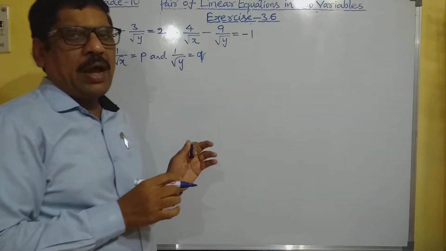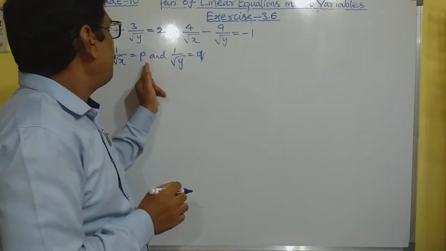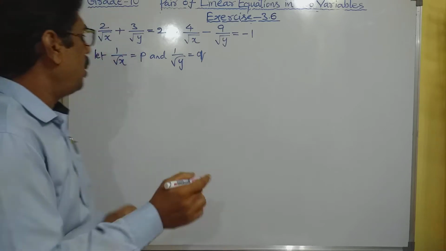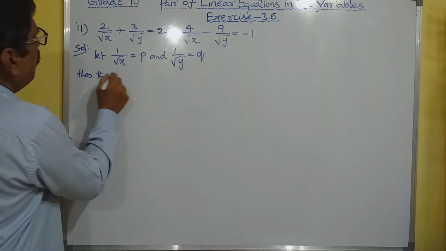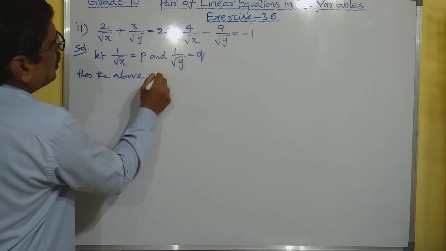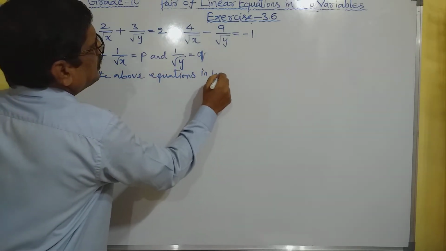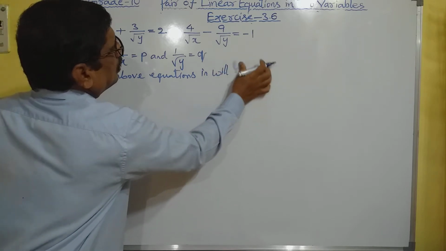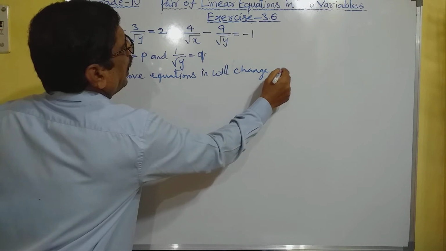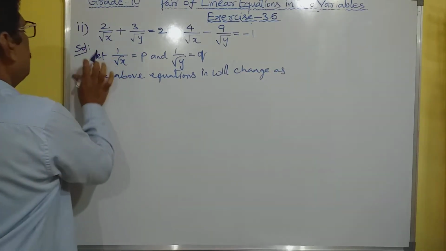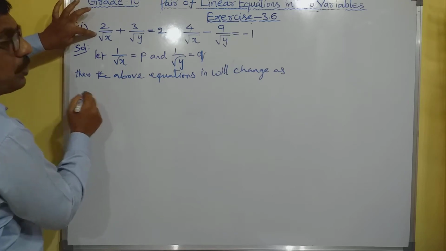So, here I have introduced two more variables. They are p and q. Now, the above equations will change as, now look at this, 2 by root x.